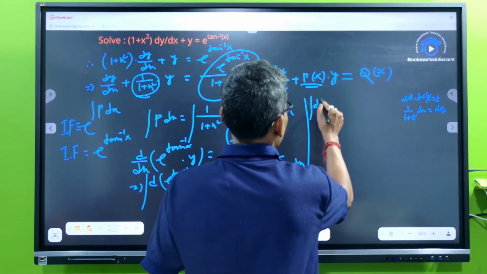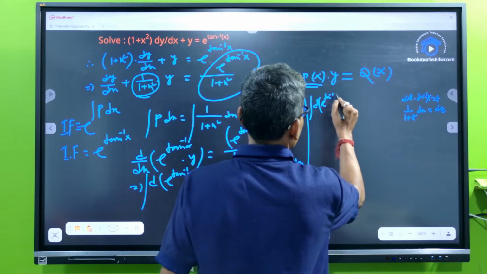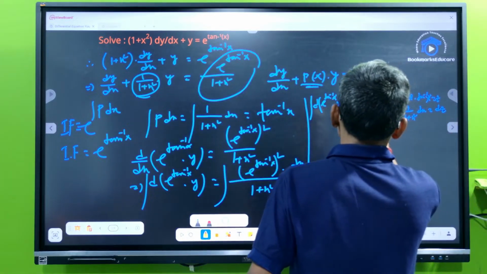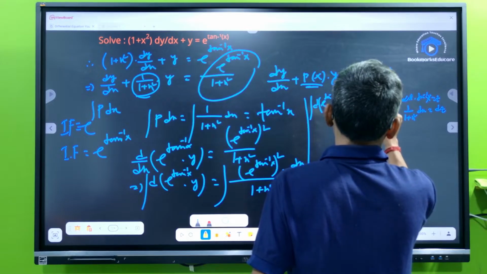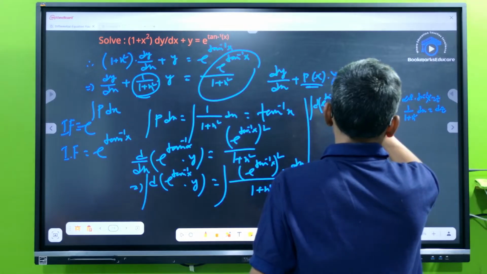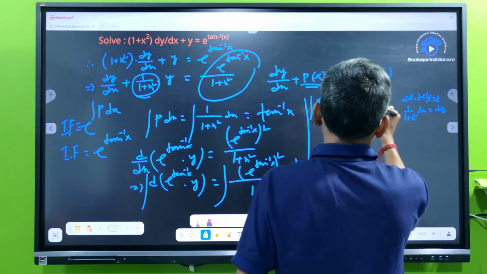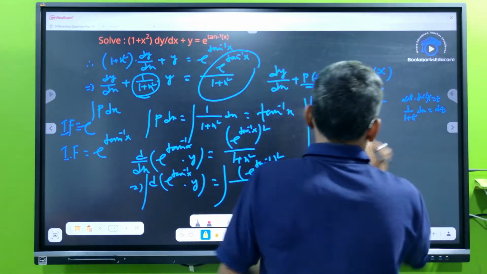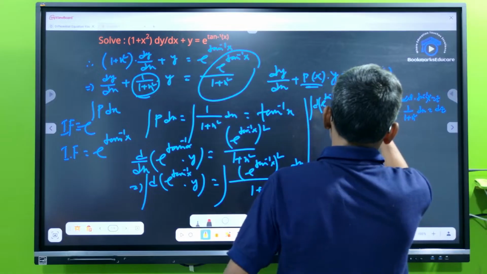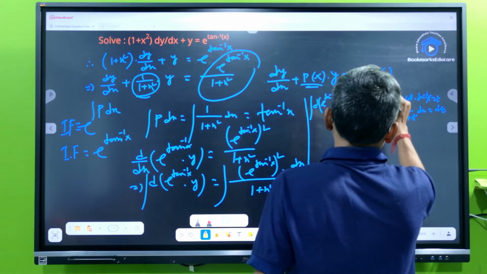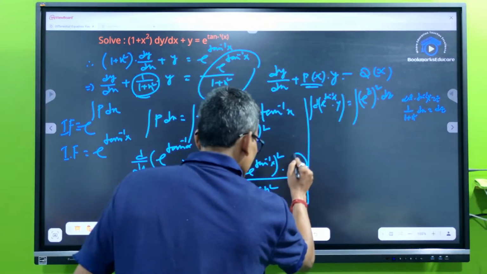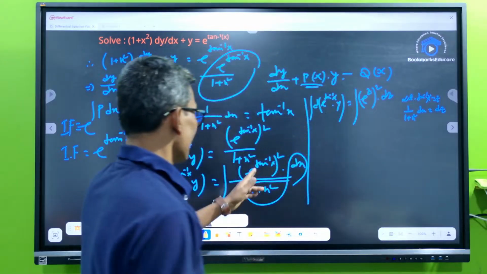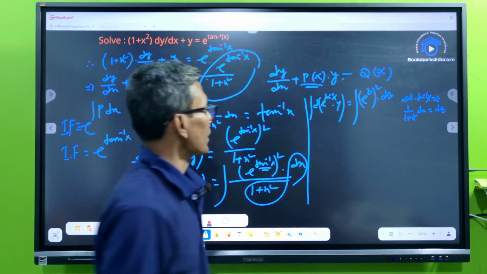So the integral of d of e to the power tan inverse x into y is the integration of e to the power z whole square dz, because instead of dx by 1 plus x square we can put dz, and instead of tan inverse x we can put z.